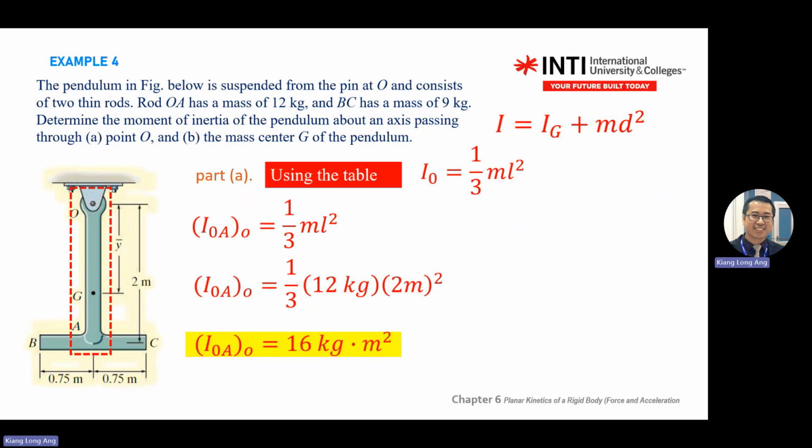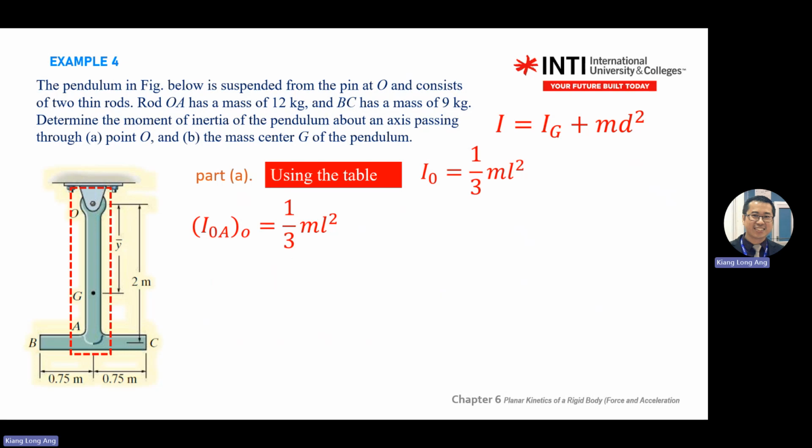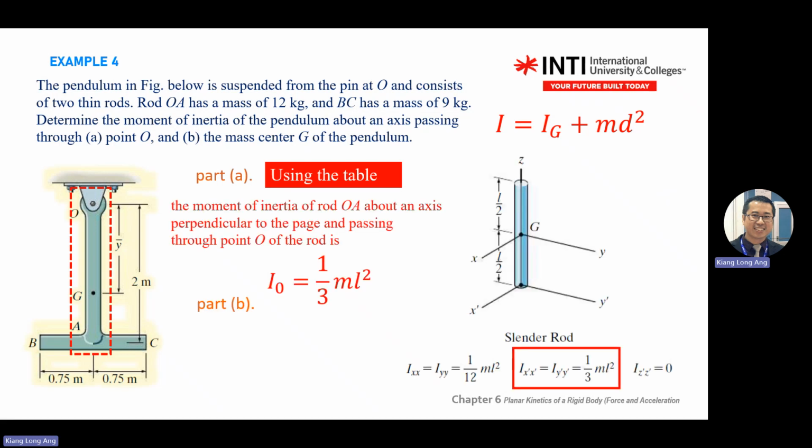Understand? In part 1 we do not have MD squared. Why? You read from this table, and you do not run outside this object. You still read from all this point here, so you are actually getting the IG value. Understand?